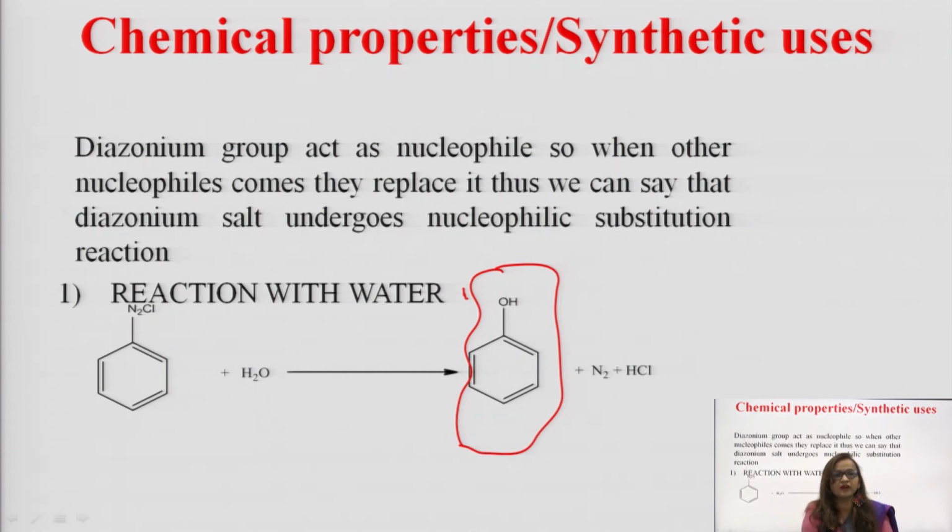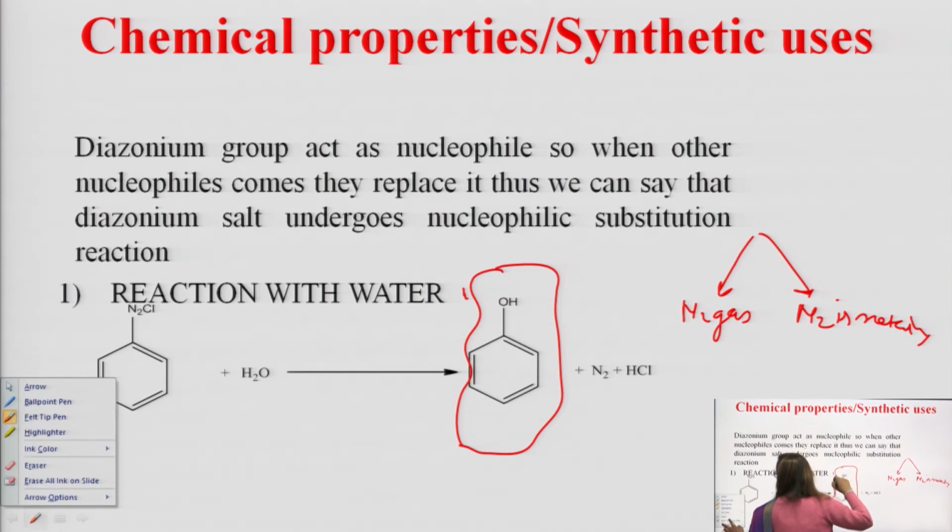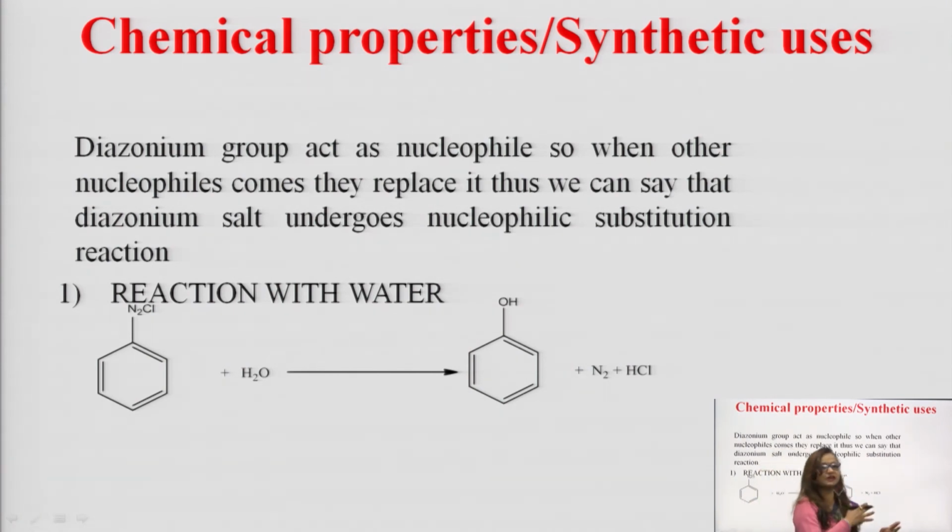When another nucleophile comes, it replaces it, because diazonium salts can undergo two types of reactions: one in which nitrogen gas is evolved and one in which nitrogen is retained, because diazonium salts have an N2 group. So one type of reaction is where N2 is removed, and the second type is where N2 is retained.